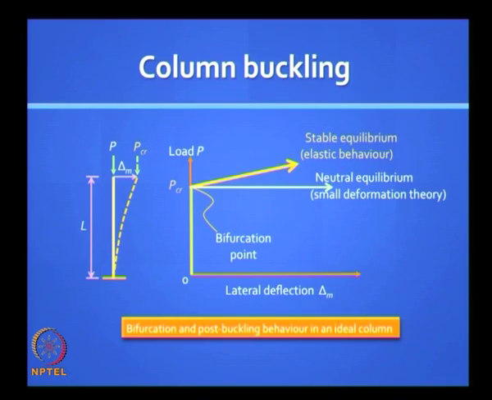It could follow this line, which means you have a post buckling strength, or it will go down, because when large deflections are there, material nonlinearity also comes in. So why is this theoretical prediction of that horizontal line not valid in real practice?